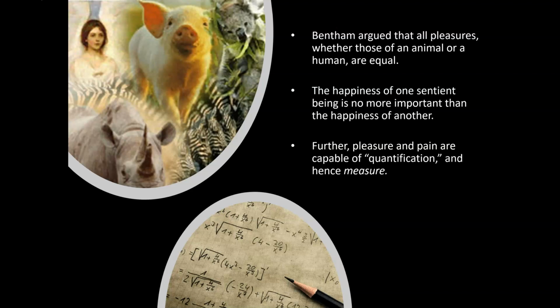And by the way, an interesting point here is that Jeremy Bentham is often used by animal rights activists and organizations such as PETA. And I think you can see why here. They really like his thinking regarding the equivalence of animal and human pleasure, that no one is more important than the other.